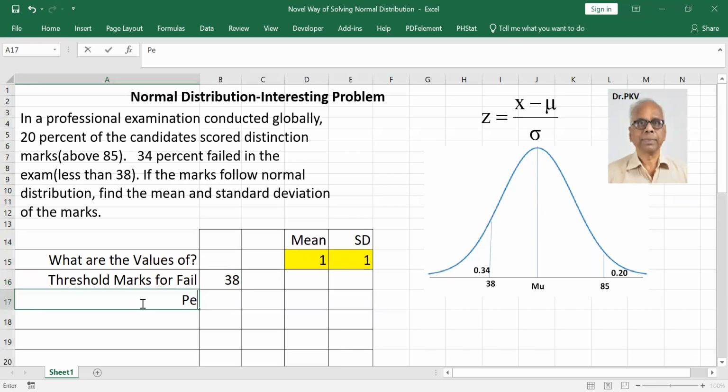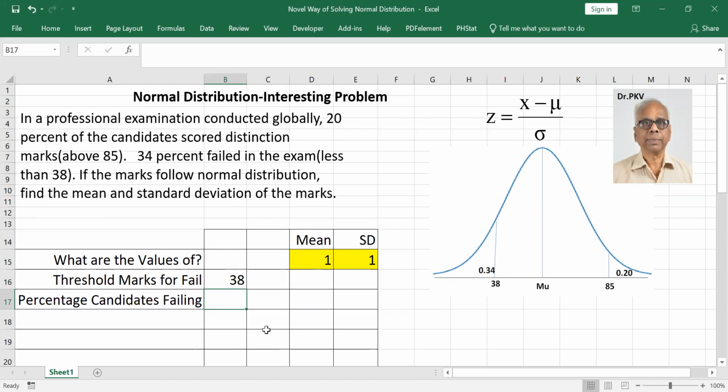Percentage of candidates failing. It is given here, 34% fail, so 0.34.